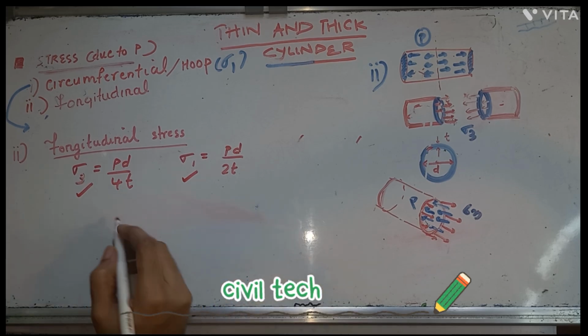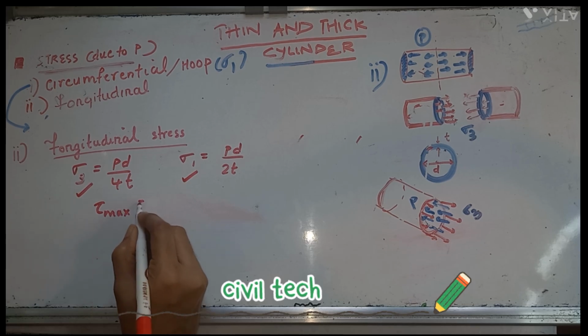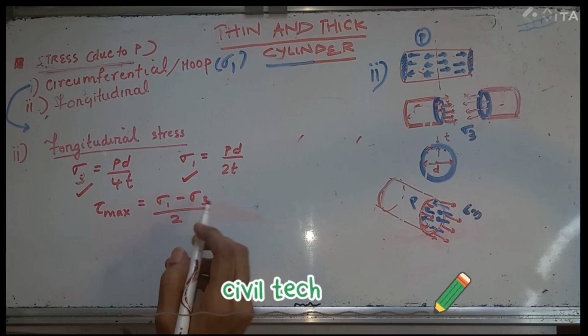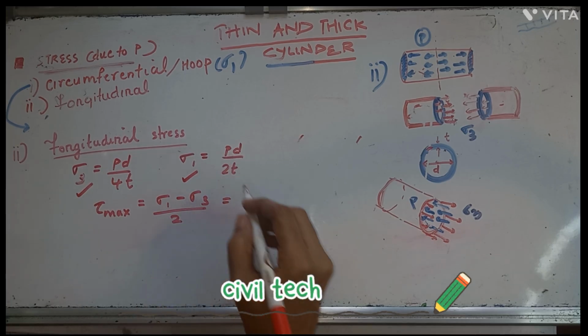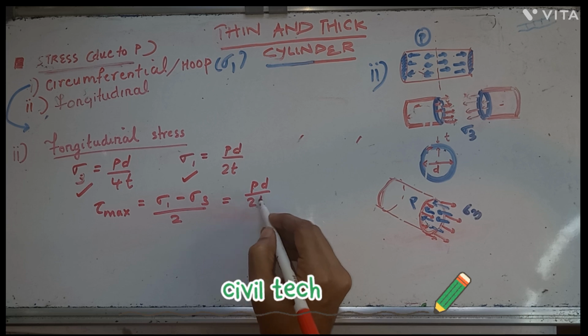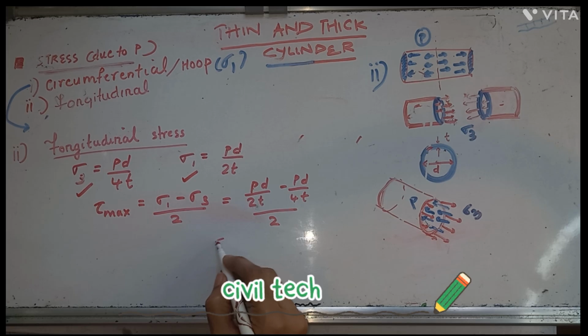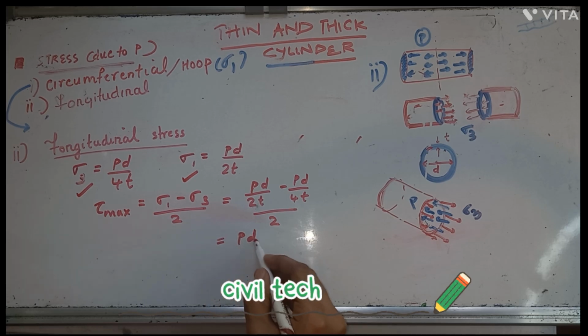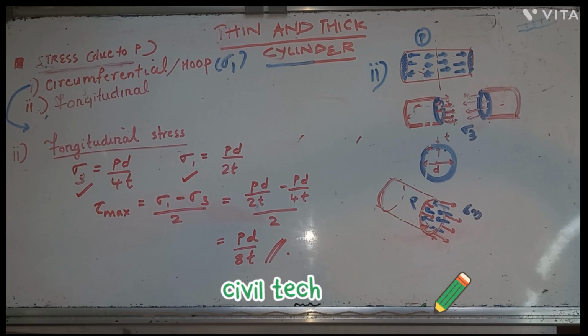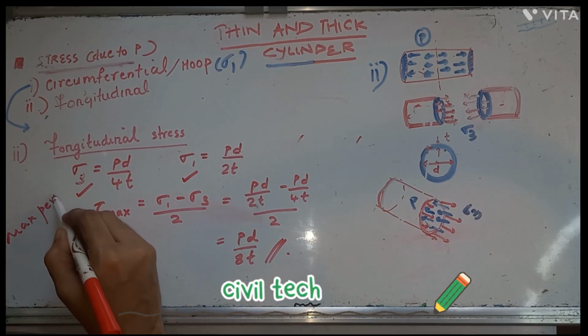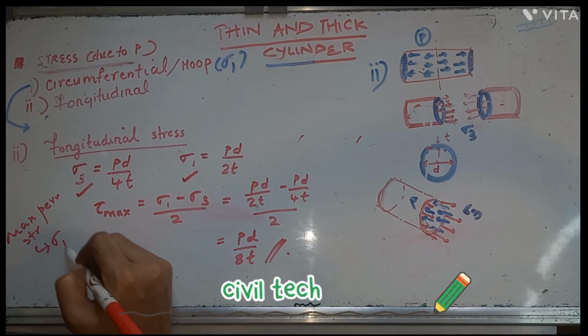Now what is tau max? Tau max is equal to sigma 1 minus sigma 3 by 2, that is, major principal stress minus minor principal stress by 2. Here sigma 1, the major, is Pd by 2T minus Pd by 4T, all by 2. What will we get? It is Pd by 8T. If in the question the maximum permissible stress is given, then take it as sigma 1.